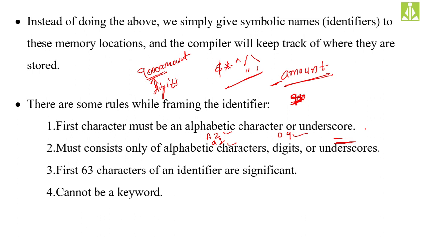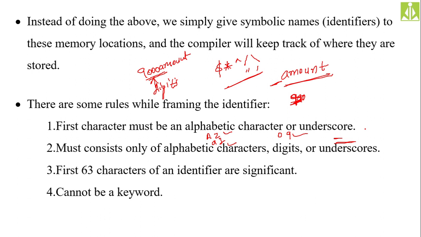If you give a 64th character, your compiler will not generate any issue, but it will simply ignore that character. However many characters you give afterwards, it will consider only the first 63 and simply ignore the rest. Remember this: only the first 63 characters are significant while naming the identifier.